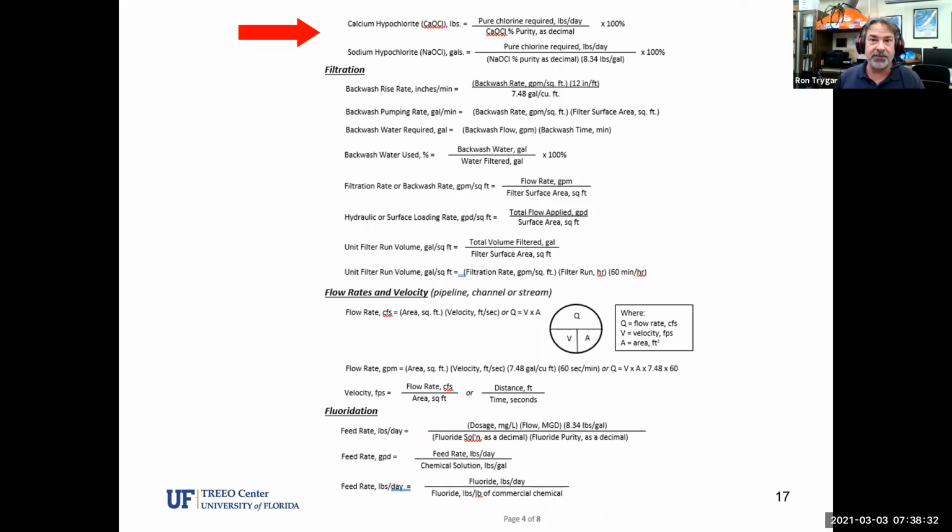Alternative chemicals would be something like calcium hypochlorite, which is commonly known as HTH, and sodium hypochlorite, which is commonly known as bleach. So we're going to talk about those today. And we're going to get into flow rates and velocity, either through pipelines or channels. We're going to talk about flow rates as cubic feet per second, gallons per minute, and even velocity.